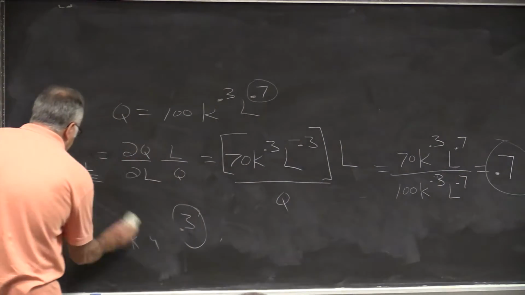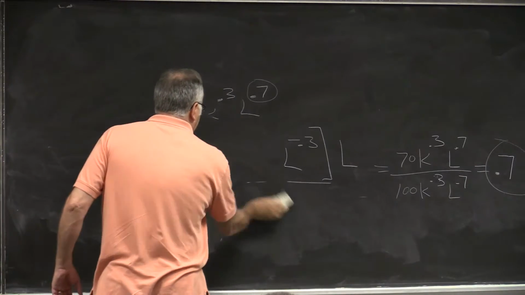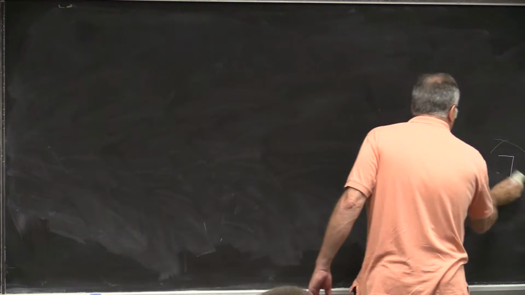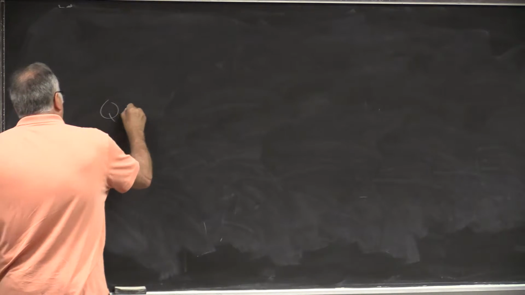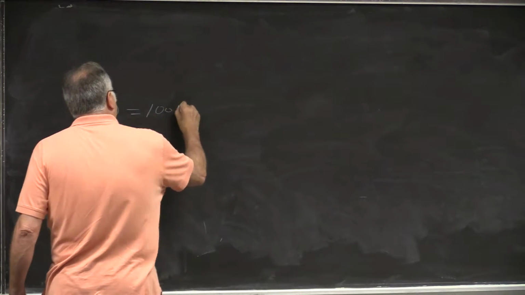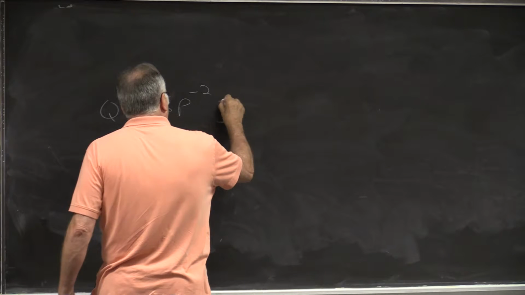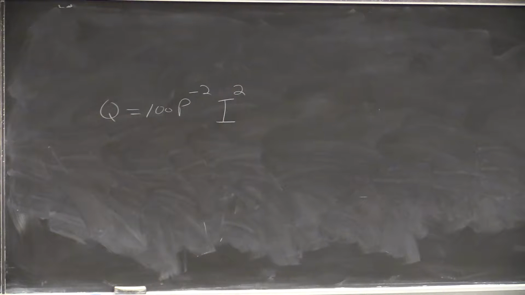But to give you another example, you might have a demand function that looked like this. Suppose quantity demanded for a particular good is given by this equation: 100 P to the minus 2 times income squared. Let I be income, let P be the price of the good, let Q be quantity demanded. Then, what is the price elasticity of demand?